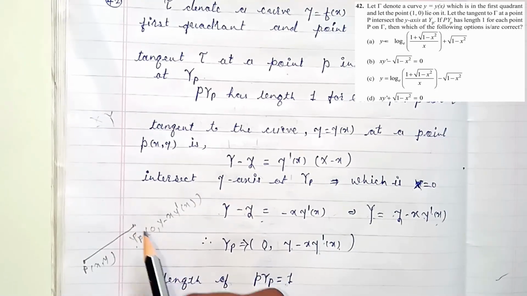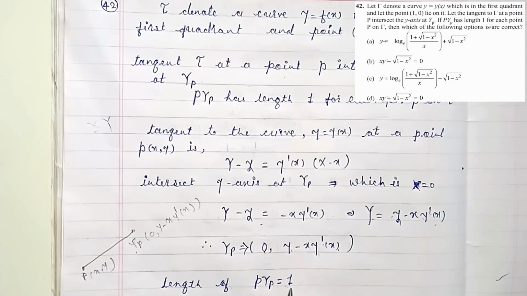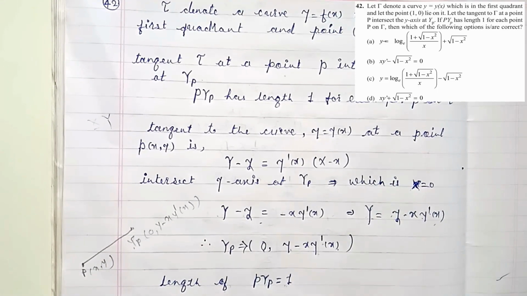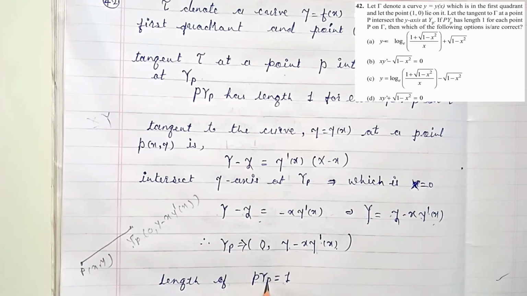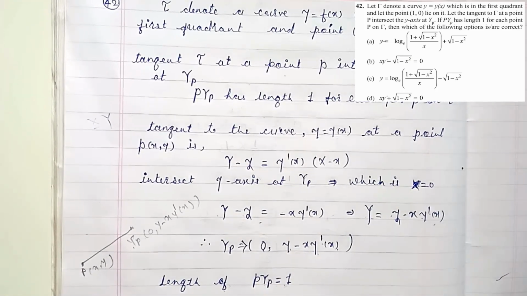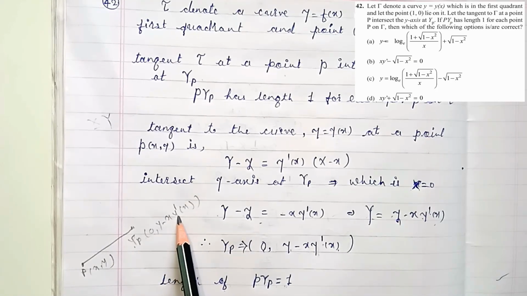Okay, so the length of P and yp is 1. The point P is xy, we know that, and yp is here. If the length is 1, the distance between these two points is 1. The distance between two points means we use the distance formula. So the points are P of xy and yp of 0, y minus x y dash of x.